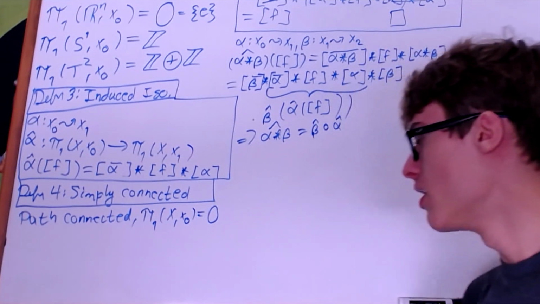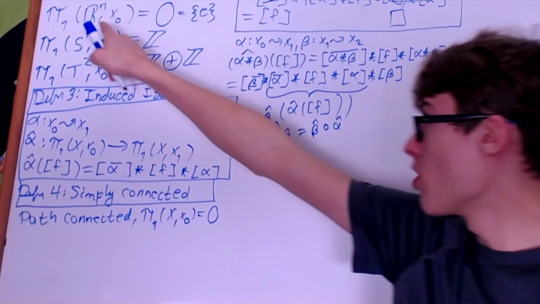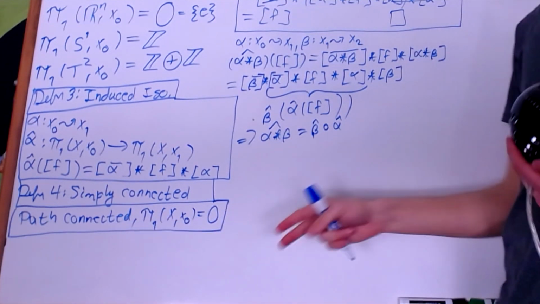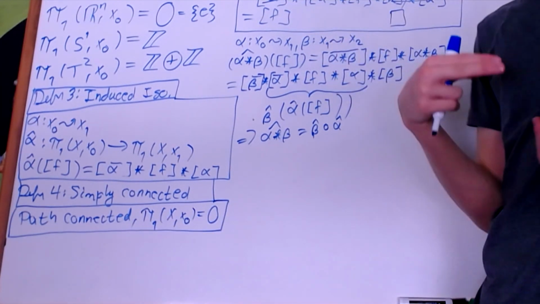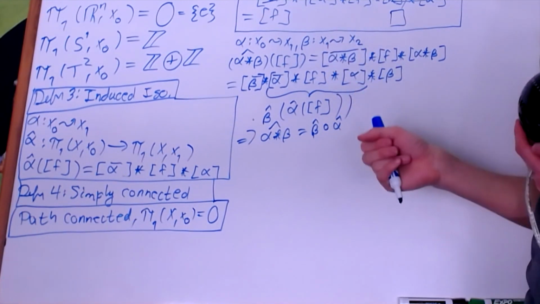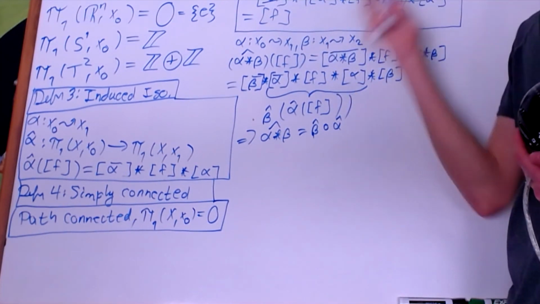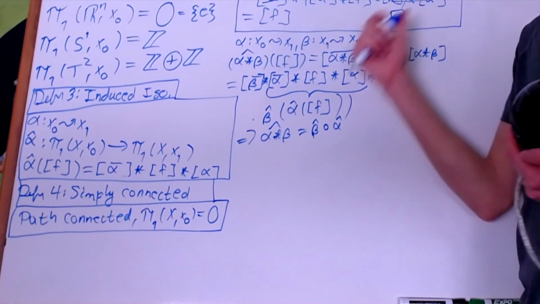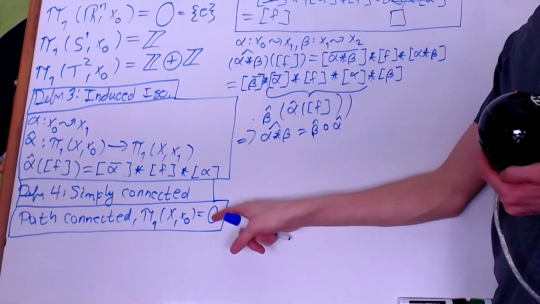So, for example, Rn is a simply connected space. And so the idea here is that with a path-connected space, all of the fundamental groups are equal to each other, and we basically just say what those fundamental groups are. And so it's simply connected when all of its fundamental groups are 0.